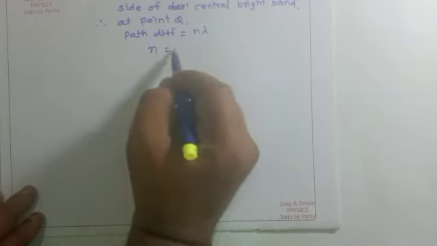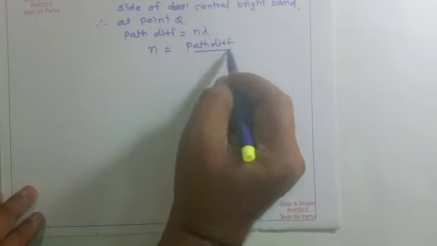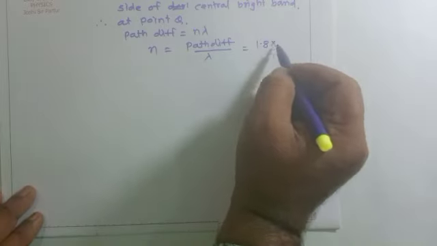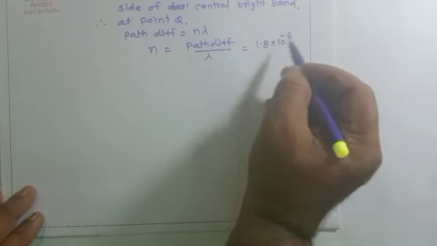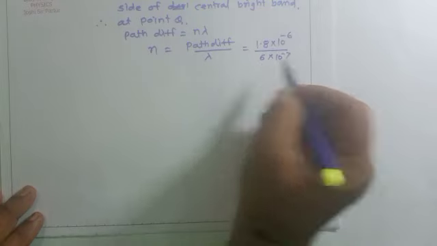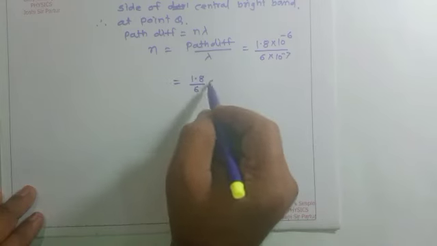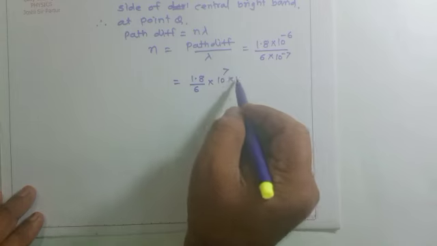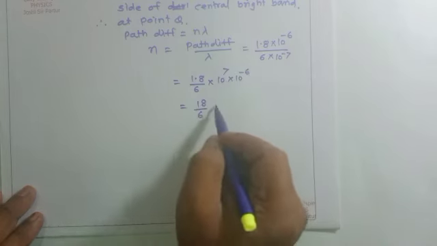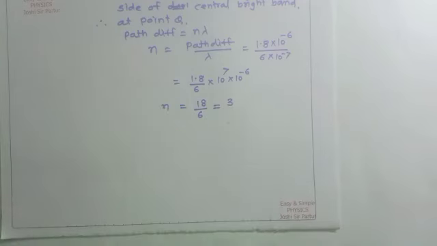So n is equal to path difference divided by wavelength lambda. It will be 1.8 into 10 to the power minus 6 divided by 6 into 10 to the power minus 7. So it is 1.8 divided by 6 into 10 to the power 7 into 10 to the power minus 6. It will be 18 upon 6. So n is equal to 3.